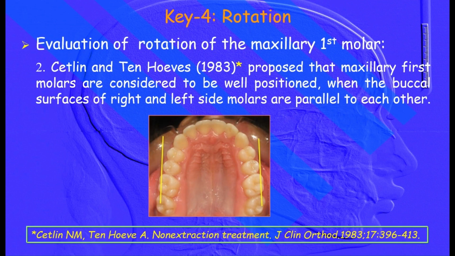Another is Chetlin and Ten Hoeve's method, in which they proposed that maxillary first molars are considered to be well positioned when the buccal surfaces of the right and left side molars are almost parallel to each other.